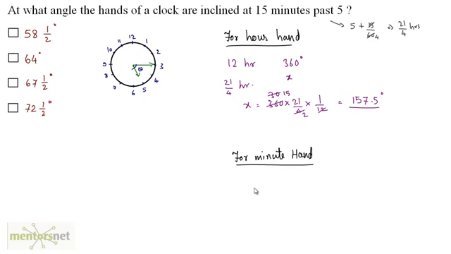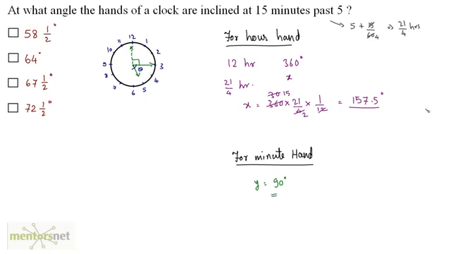What will be the angle subtended by the minute hand? Well, there's no need to calculate it. You can tell it just by looking at it. Let's say this is the relative position. This is the position where it started. What is the angle traced when it travels 15 minutes? Well, a right angle. So y will be equal to 90 degrees, isn't it?